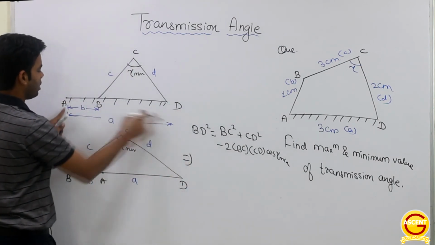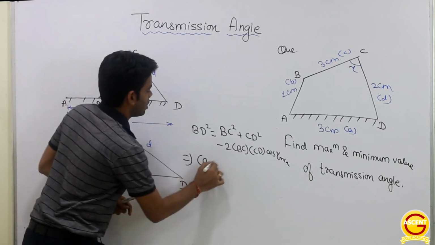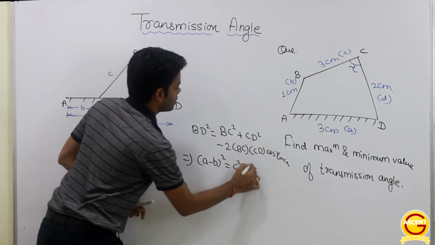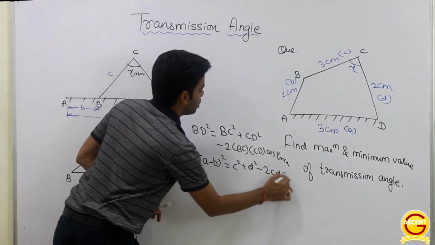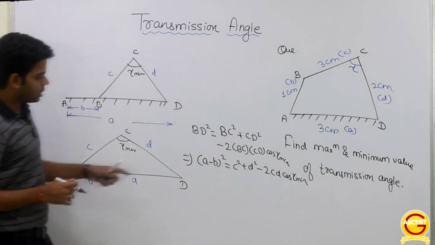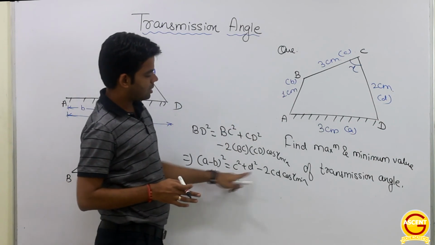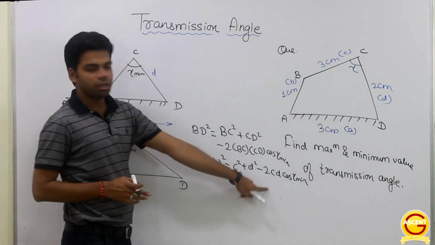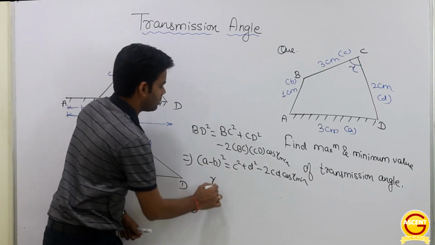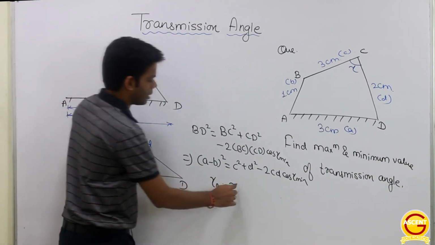This is nothing but A minus B. So A minus B whole square is equal to C square plus D square minus 2CD cos of gamma minimum. Getting this? Now we have the value of A, B, C and D. Only unknown here is gamma minimum. You can just put the values, you will get the value of this gamma minimum, and this gamma minimum will be equal to 41.4 degree.